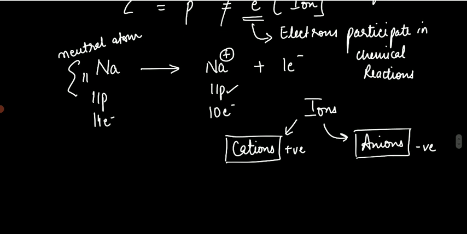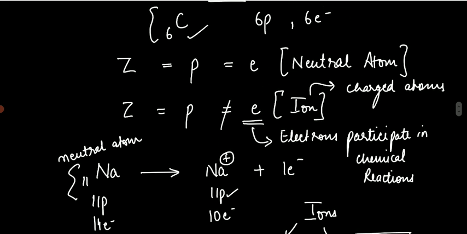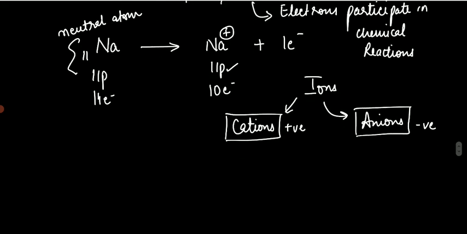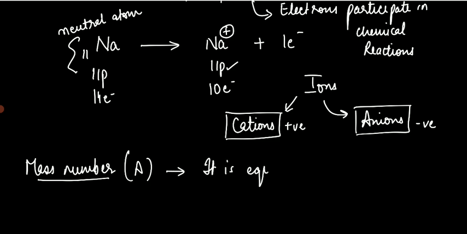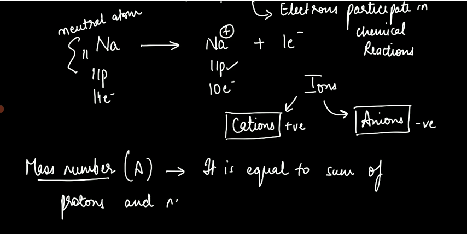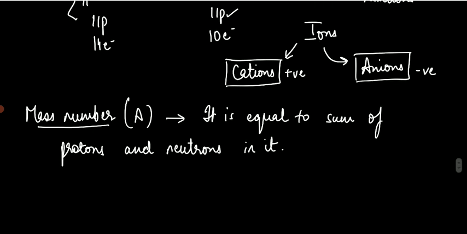Then after that, atomic number, one identity is done for an element, for an atom. So if we talk about the next identity, something called mass number, that is given by the symbol A. So mass number is equal to the sum of protons and neutrons in an atom.